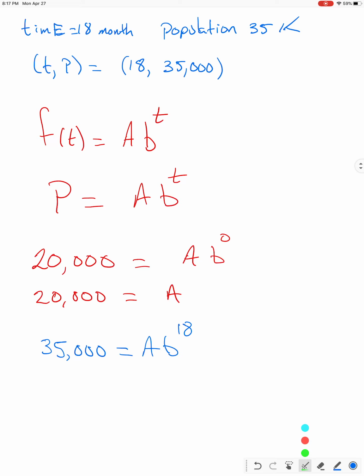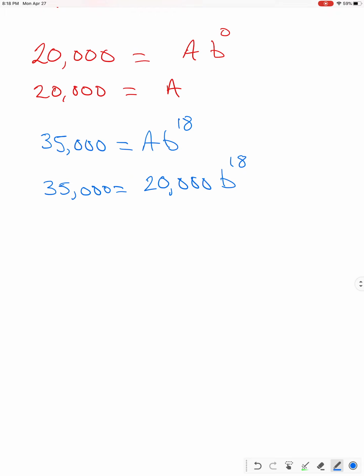We know from the first part that a is equal to 20,000, so let's plug that in. 35,000 equals 20,000 times b raised to the 18. I just substituted a equals 20,000 for a in that problem.